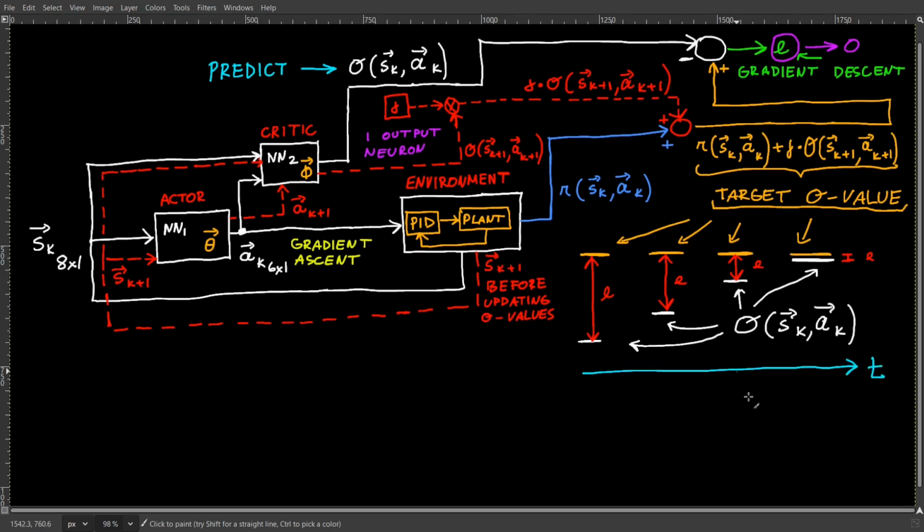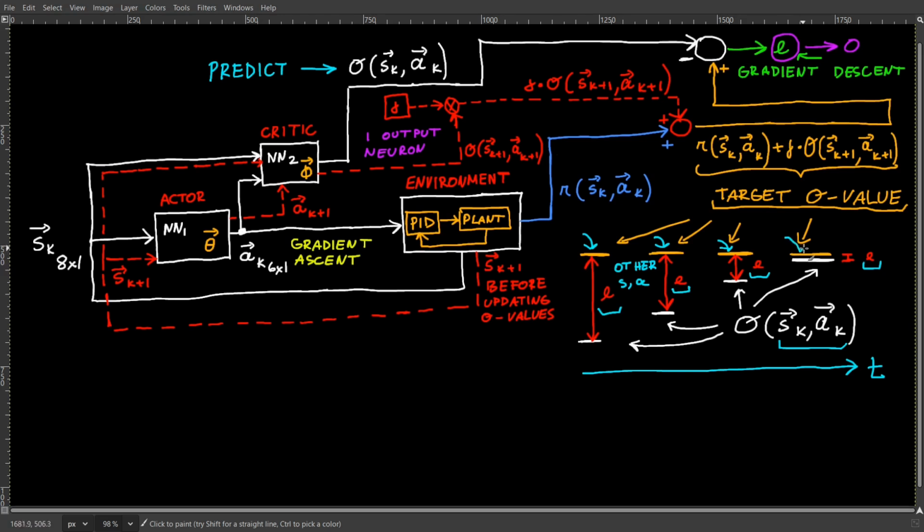So this here is the time axis, but the idea is that during this time period, we have the same state action pair here, here, here, and also here. In other words, as you run your simulation, of course, in between these instances, you have other states and actions, but then, after some time, when you are in this instance, you would return to the same state action pair that you had in this instance.